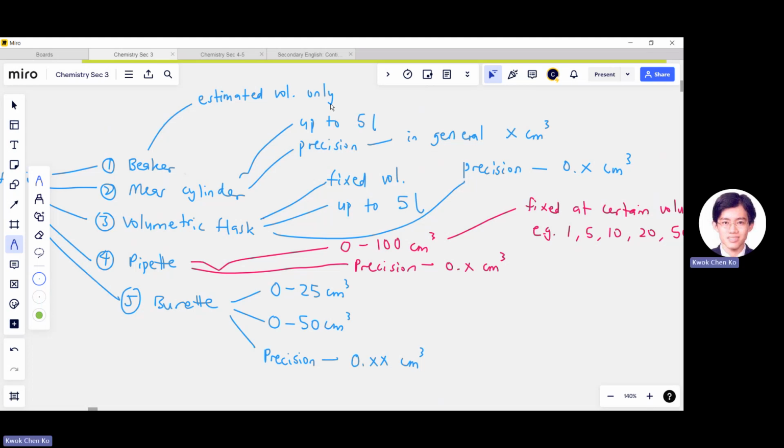Do you get to use a volumetric flask in your lab? You don't think so?